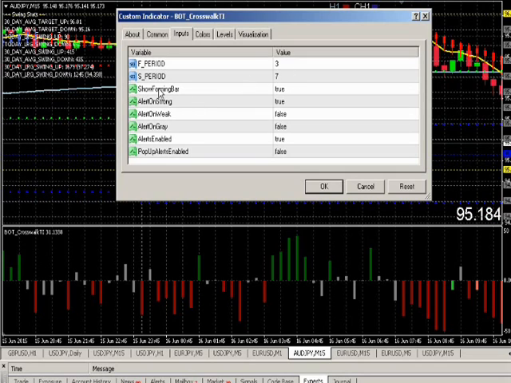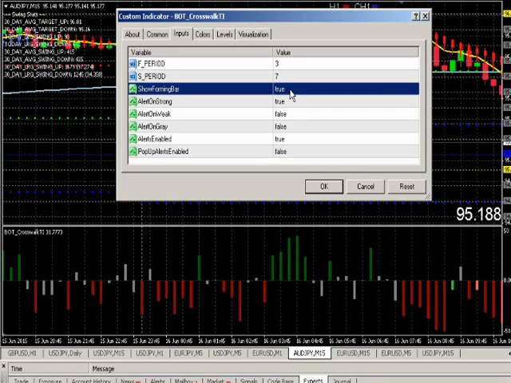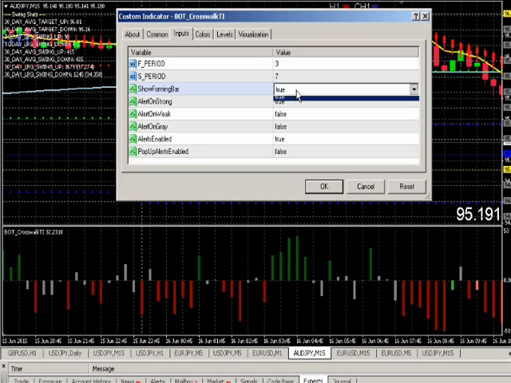Okay, top to bottom, we've got a setting here. These are the settings that we configure for the crosswalk, and I suggest you leave those the way they are. We've got a show forming bar. If show forming bar is true, you're going to get the bar for the current candle.